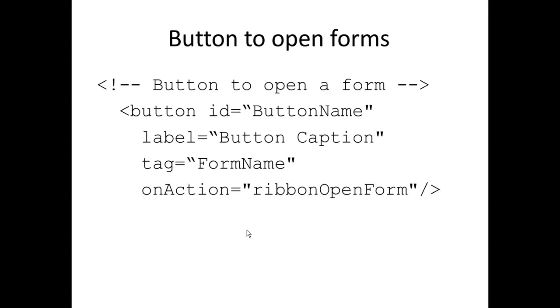So we don't have to write code. If we have a lot of buttons that just open forms, we don't need to write specific code for each form, each button. We can just write the code once, put the name of the form in the tag, and read that tag from our ribbon open form function.